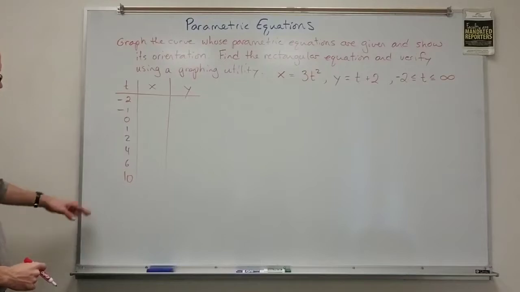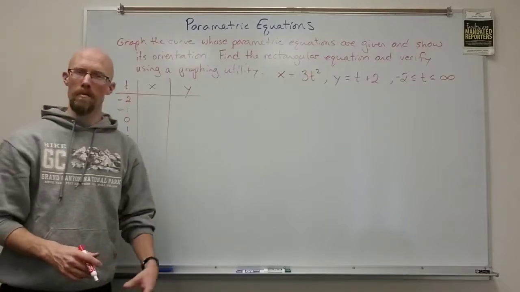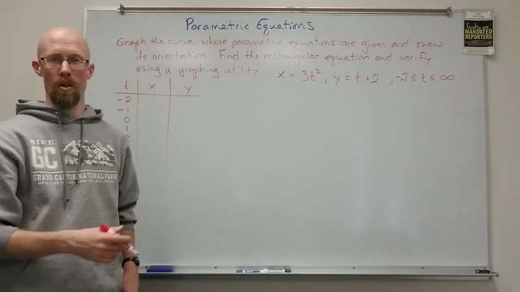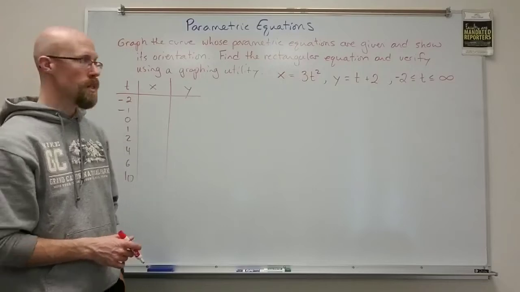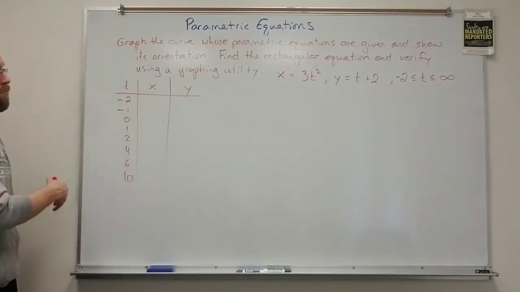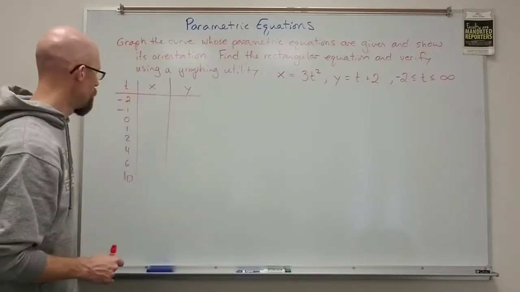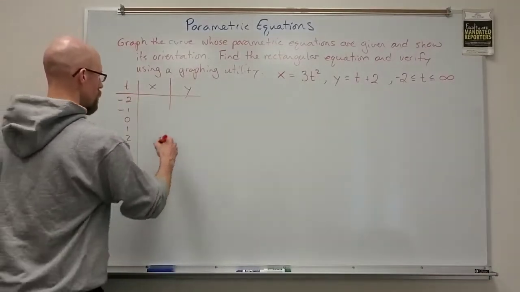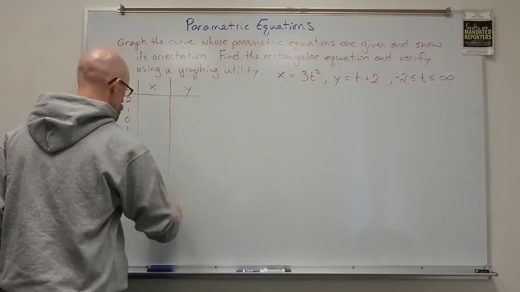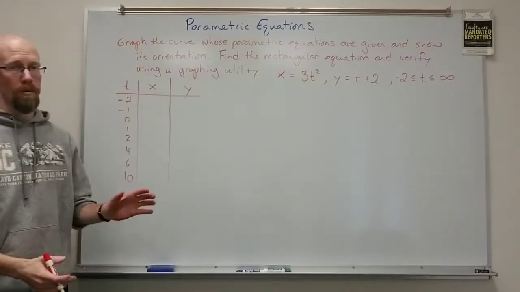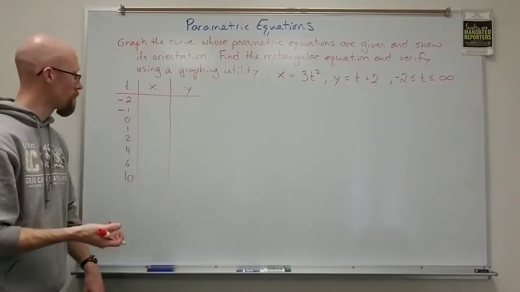Obviously I'm skipping a bunch of numbers, but just to get an idea of where this is going to go as t continues to increase. I'm just picking out some numbers I think might work nicely. They may not, we'll see. Or I may find that the coordinates are not numbers that I really want to plot, so I don't need some of these.